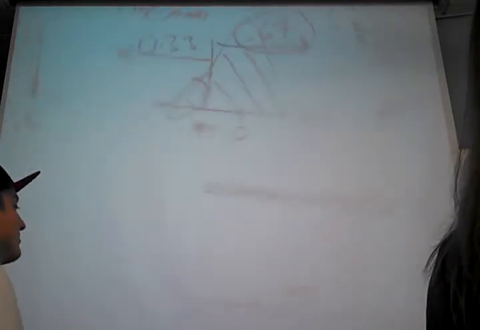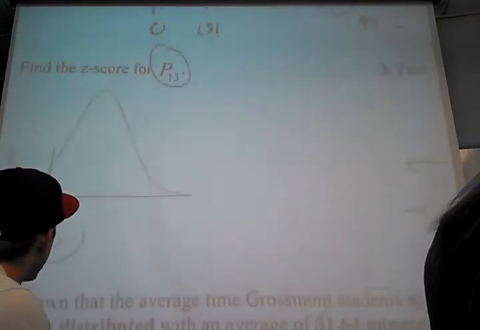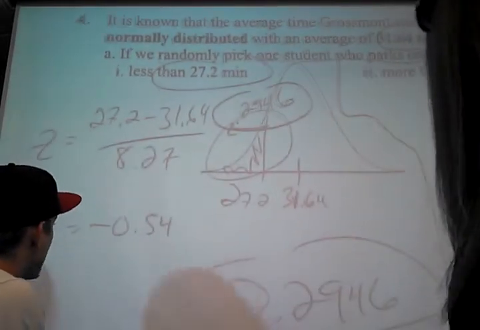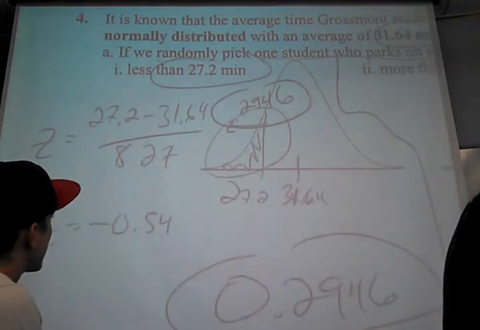So for example, let's do number 4A, number 1. Let's try to redo this one. So in your calculator, remember where the binomial PDF was?